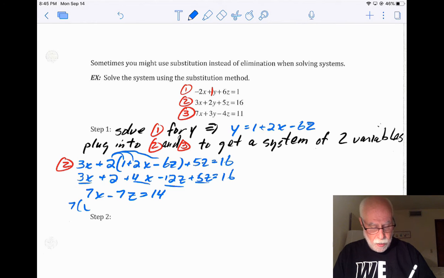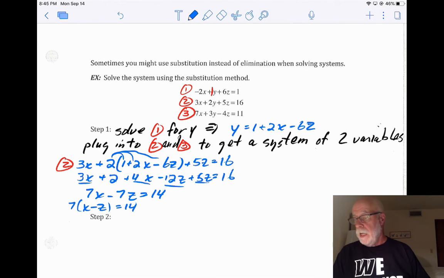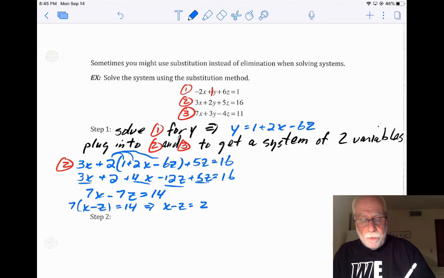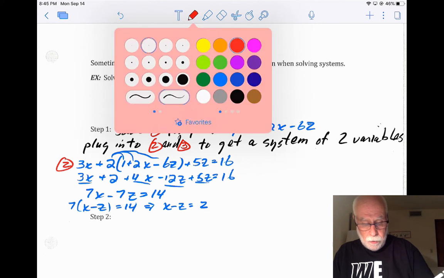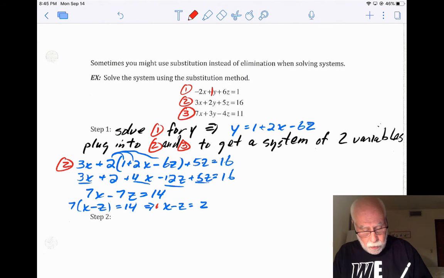Then I'll have 7x minus z is equal to 14. Now I can divide by that 7, and that will give me x minus z is equal to 2. And I'm going to call that one now equation 4.